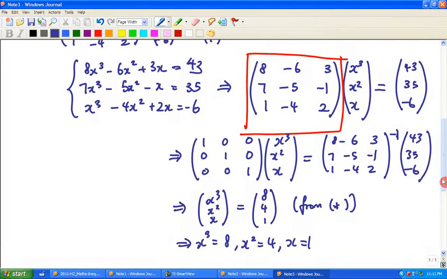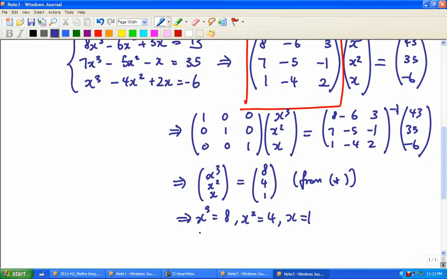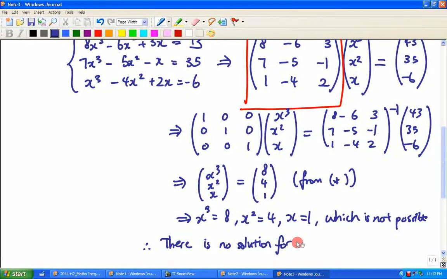Which is not possible, because if x equals 1, then x squared cannot be 4 and x cubed certainly cannot be 8. So we write that here, and therefore you write your conclusion accordingly: there is no value for x that will solve all three equations simultaneously.